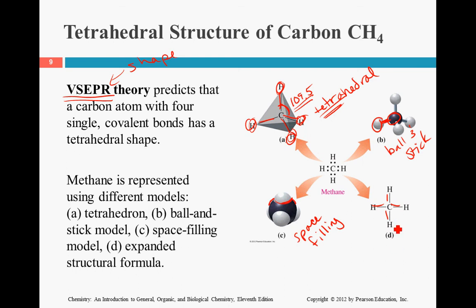The electrons are moving around in there. And this is the expanded structural formula, which you'll be using a lot of. It just shows it in 2 dimensions rather than in 3.